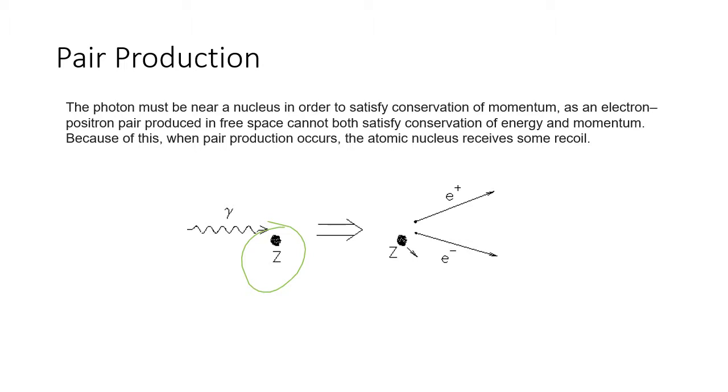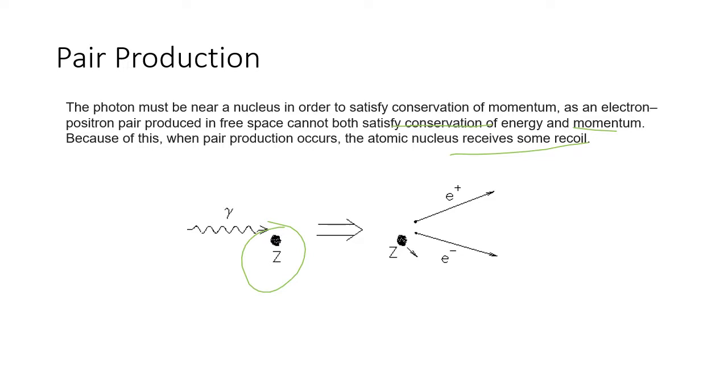That means if it suddenly becomes charged particles, Z can feel the influence of those charged particles because it's got an electric field, and Z can take away some of the momentum and up here receive some recoil. Because if we're trying to do this without a nucleus being nearby, we couldn't satisfy both conservation of energy and conservation of momentum.